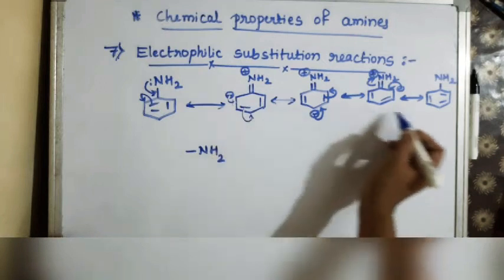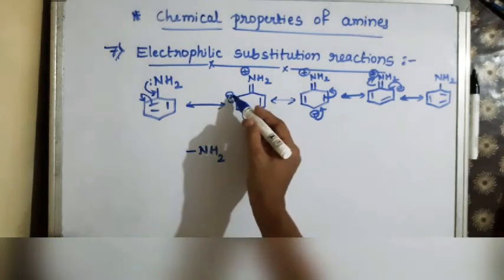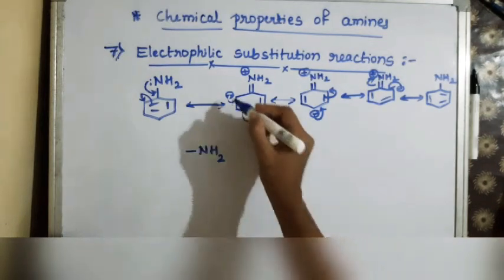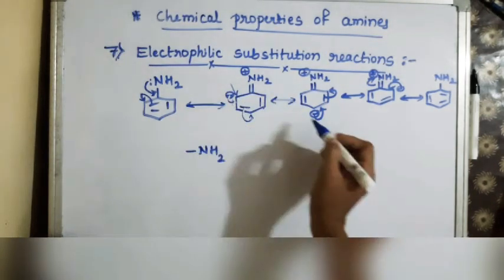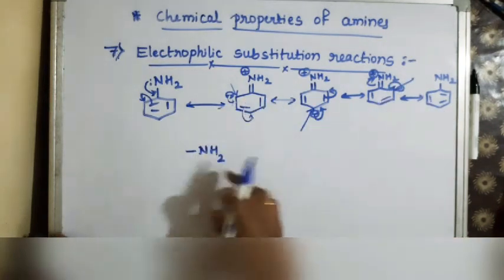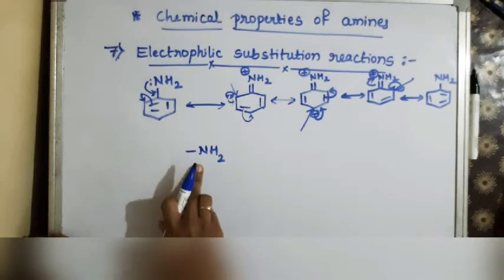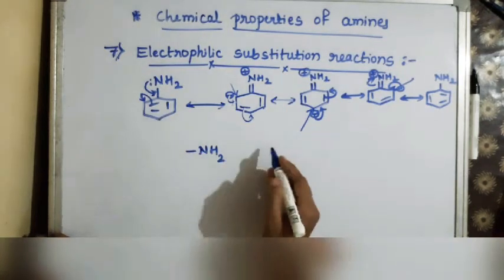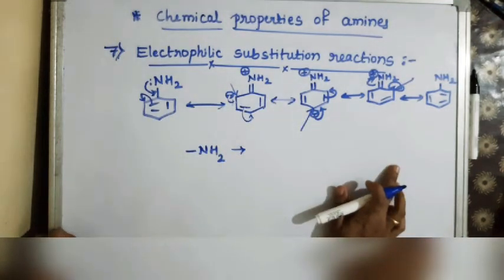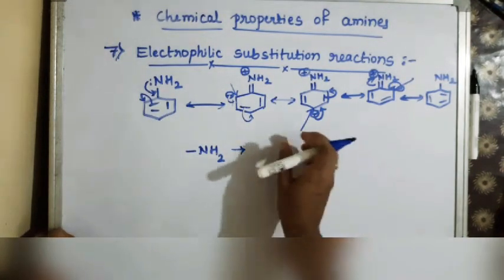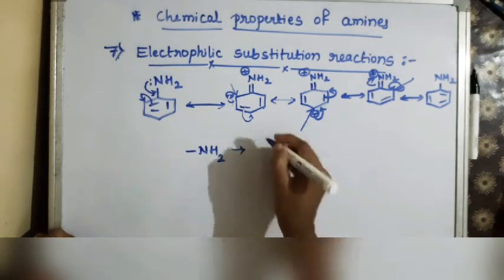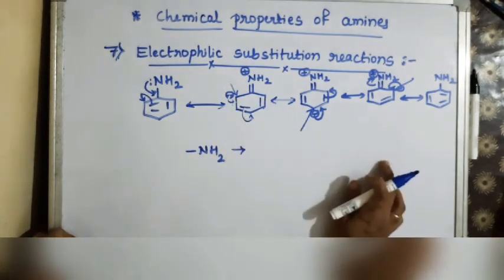You can observe in these resonating structures that the negative charge is localized at ortho and para positions. You can observe that the negative charge is here at ortho, at para and at ortho. So that means when the NH2 group is attached to the benzene ring, the electron density is more at ortho and para positions. So whenever we do electrophilic substitution reaction, the incoming electrophile attacks the ortho and para positions.